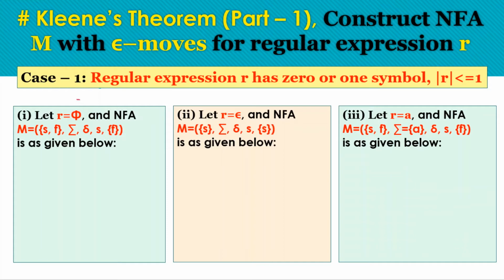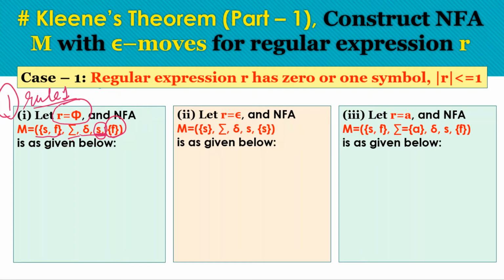Considering the first case, rule number 1: if the regular expression is phi, meaning we have nothing, then the NFA will have two states, the start state and the final state. Here we take S or Q naught as the initial state, with input symbols, the transition function, and F as the final state.